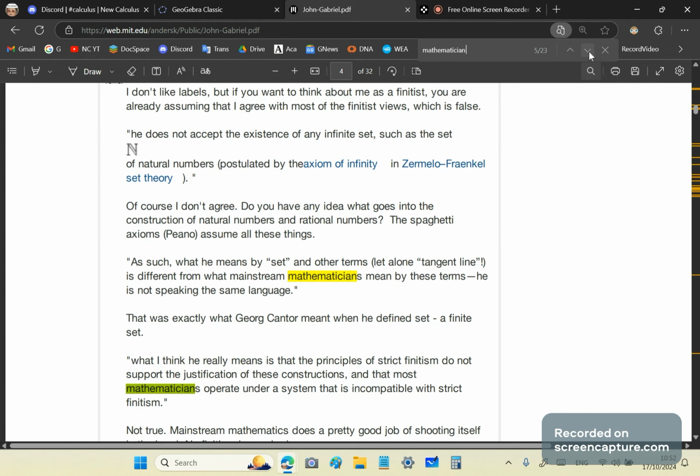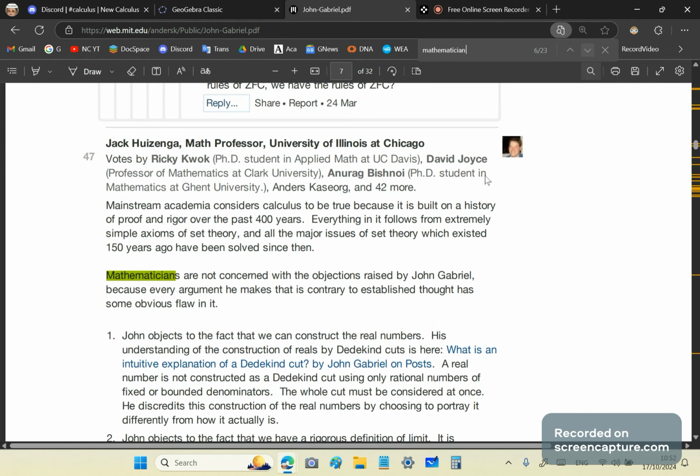Georg Cantor, by the way, was not a mathematician. Anyway, so it says, here's this fine idiot, Jack Hasinger. Mathematicians, well, they're not mathematicians. They're not concerned with the objections raised by John Gabriel because every argument he makes that is contrary to established thought has some obvious flaw in it.